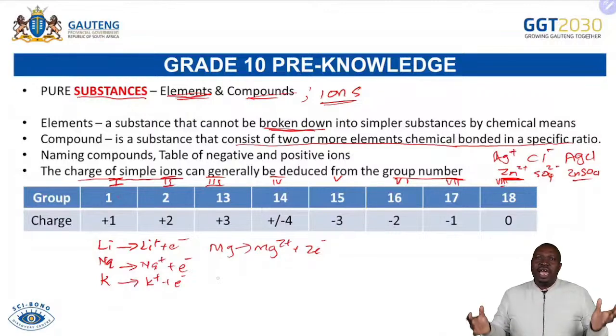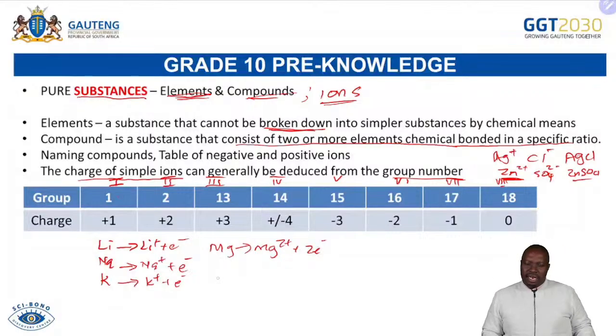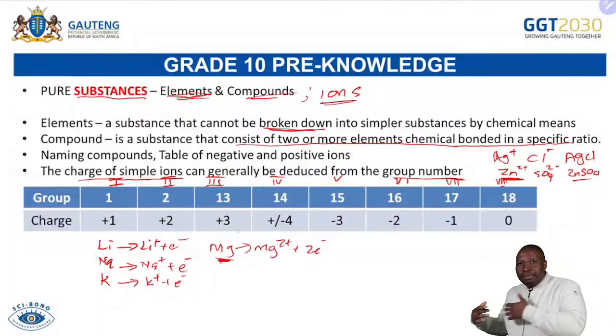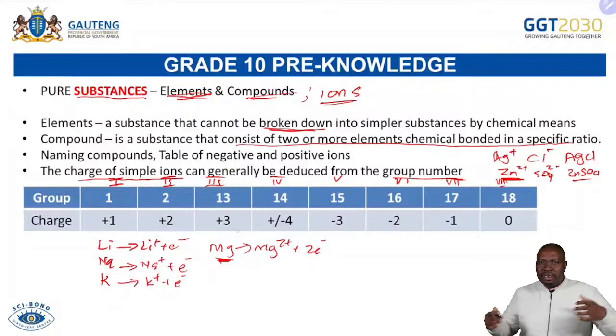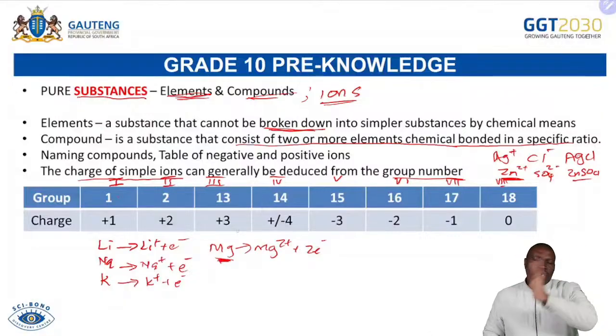They are not embedded within the structure; they're delocalized around the metal ions. So it's easy for metals to lose electrons, because those valence electrons of 1, 2, 3 are not firmly bound. They're just held loosely by the metal.